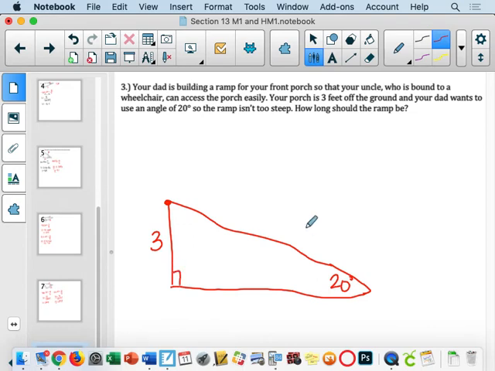And we want to know how long this ramp is going to be. So this is the mystery length here. From 20 degrees, 3 would be my opposite side, and x would be my hypotenuse.